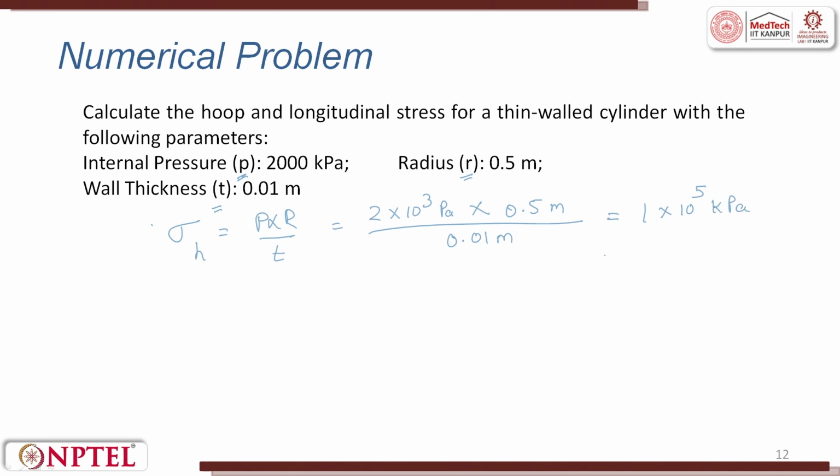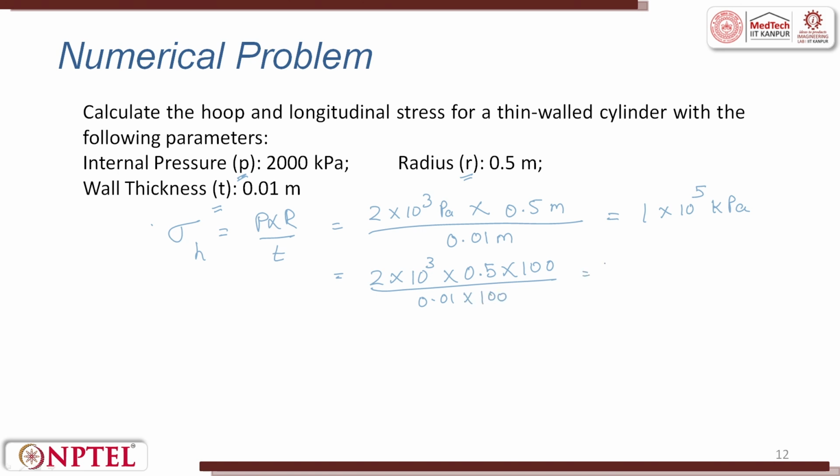So, the meter goes off, you can try to cancel it. So, why did it become 1? So, 2 into 10, right? Or if you want to do more, 10 to the power 3 into 0.5, I will multiply by 0.5 into 100 divided by 0.01 into 100. Right.